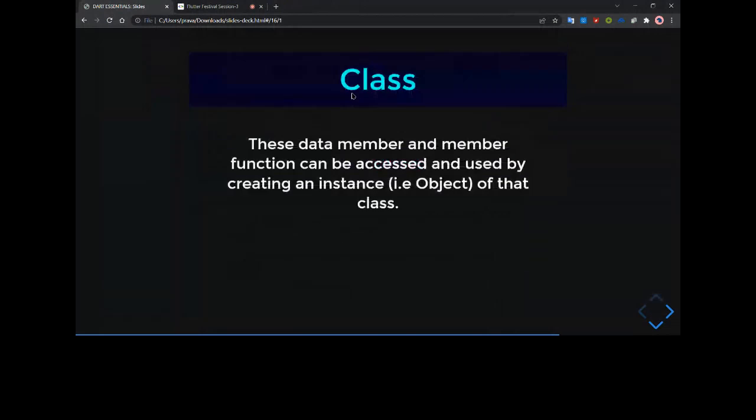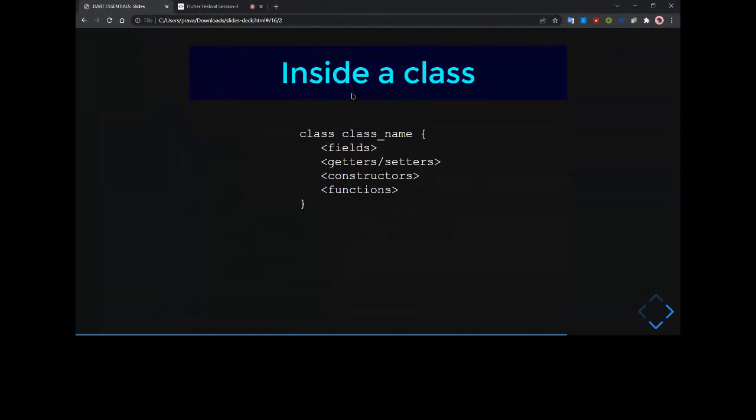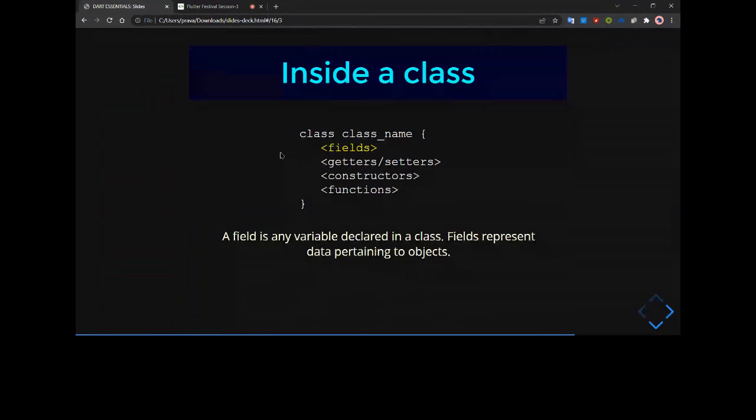Let's take an example. The class body consists of these parts: fields, getters, setters, constructors, and functions. A field is any variable declared in a class. Fields represent data pertaining to an object.